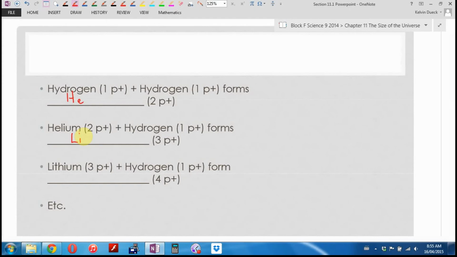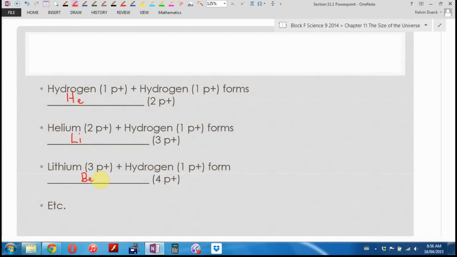And we build up. You got lithium, 3 protons, and another hydrogen atom, 1 proton. It gets squeezed together under tremendous pressure. What do you get? How many protons? 4. Element number 4, which is beryllium. Or you could even take shortcuts. You could squeeze 3 lithiums and 3 lithiums, and you'll get element 6, which is carbon.